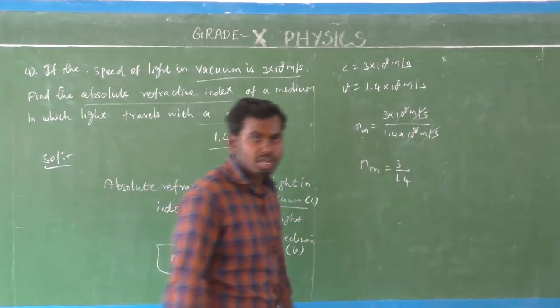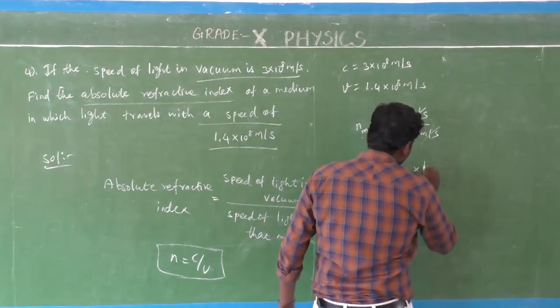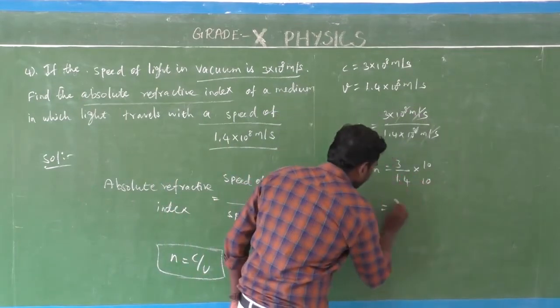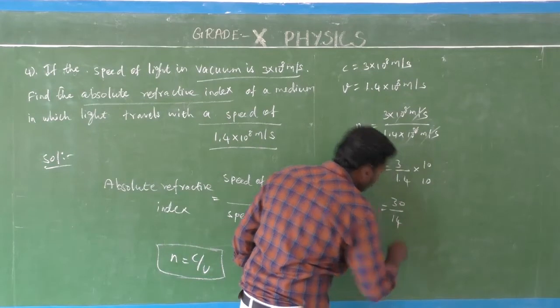Multiplying both by 10, you get 30 divided by 14.